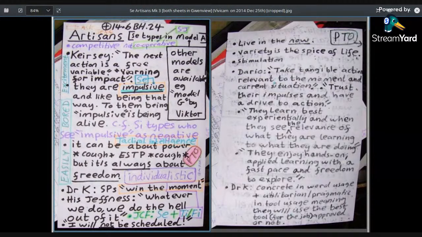So you see this about drive to action. There's more going on there than just empirical sensor. More going on there.